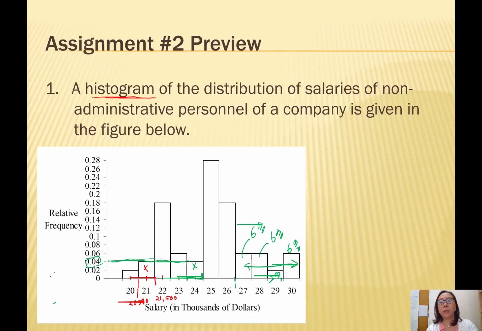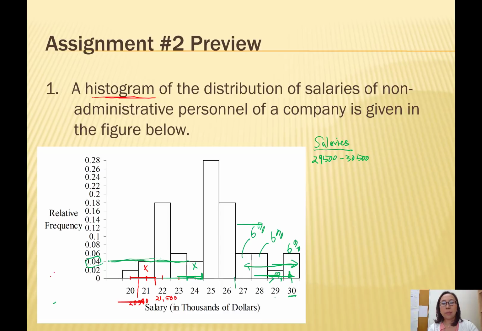The first thing we want to do is create a column called salaries. And we know that typically a frequency table begins with the highest number, right? In this case, highest salary. And that's going to be represented by the number 30 here. To read this graph, it's going to be between 29,500 to 30,500. And that's going to be the first item on there.